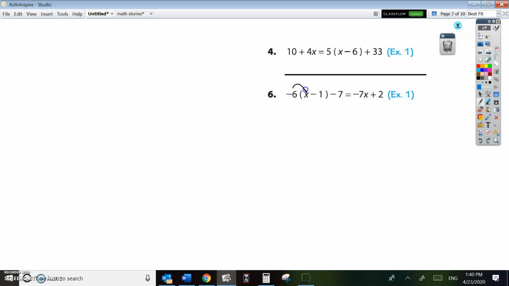Distribute the negative 6 to both terms inside the parentheses. Minus 6x. Negative 6 times negative 1 is positive 6. Combine your like terms, your plus 6 and your minus 7.